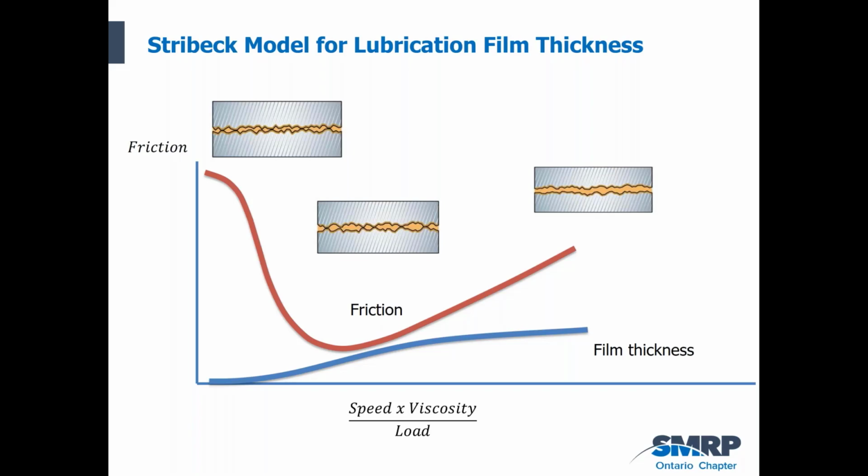But actually, if you increase speed from that point, you find that friction increases again, which may seem counterintuitive, because you would think that once the two surfaces have been adequately separated by a lubricant, there shouldn't be any friction. But in fact, there is friction, and it comes in the form of fluid friction.